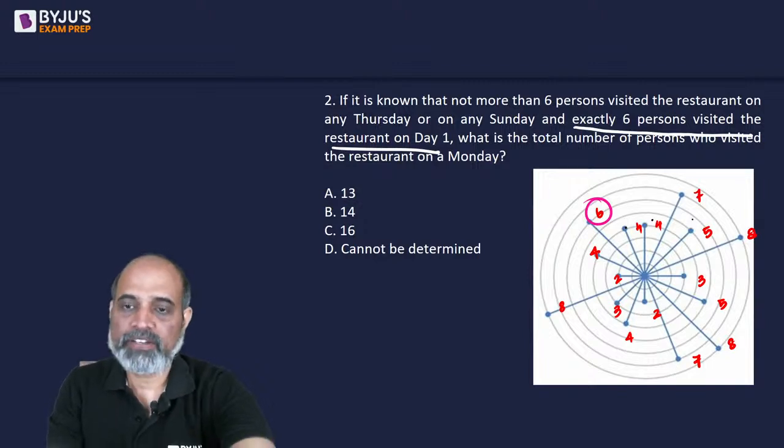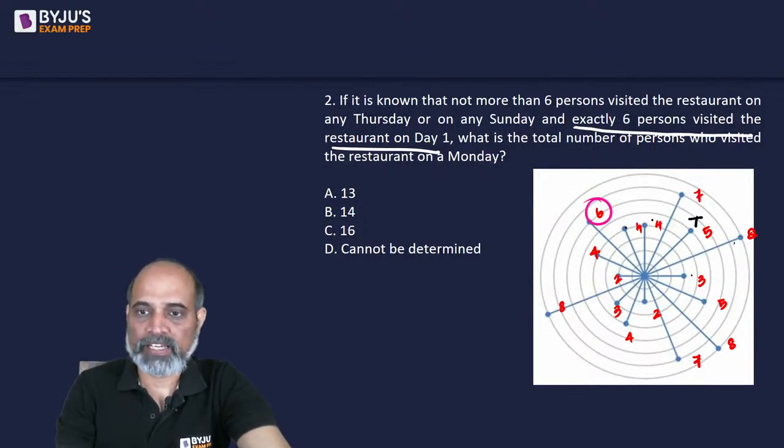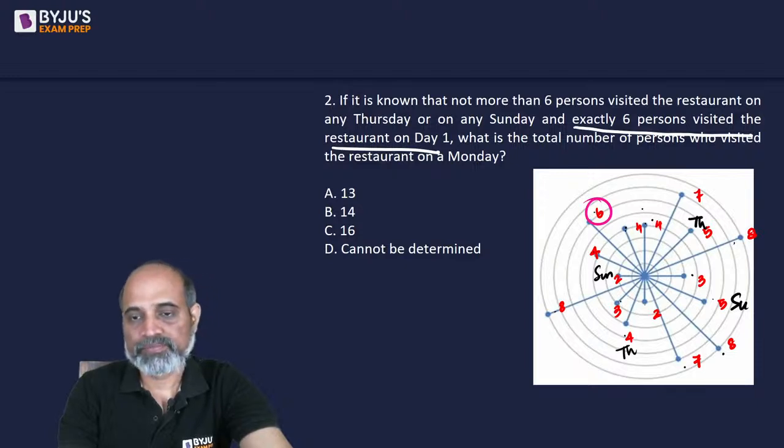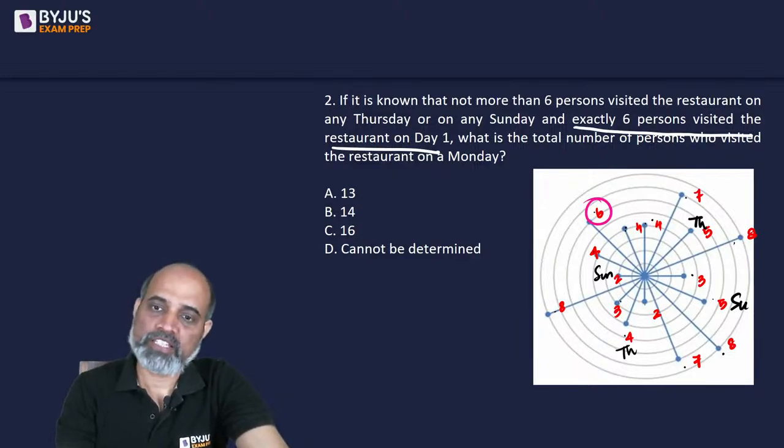We can't take 7. We can take this Thursday, Friday, Saturday. So this is our Sunday, Monday, Tuesday, Wednesday, Thursday, Friday, Saturday, this is Sunday, Monday, Tuesday, Wednesday, Thursday. And if this was a Thursday, this is Wednesday, Tuesday, Monday, Sunday.